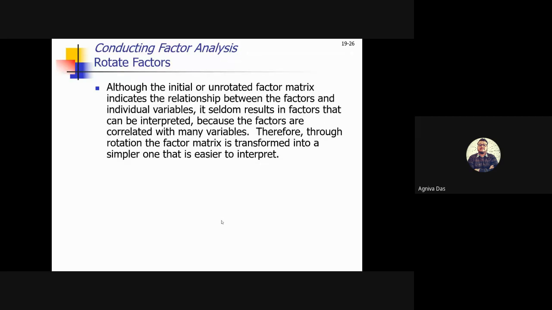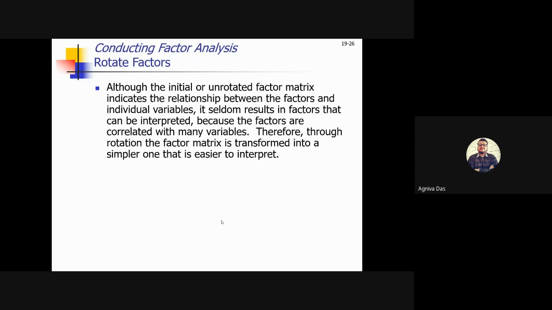Now, how to rotate these factors? Although the initial or unrotated factor matrix also shows us a lot of things, indicating the relationship between factors and individual variables, sometimes it results in factors that are hard to interpret, because the factors are highly correlated with many variables.